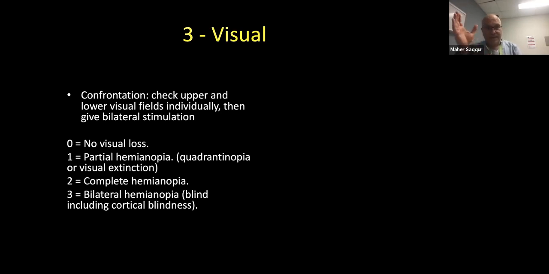If there is a quadrantanopia, if there is difficulty seeing in a quadrant of the visual field in both eyes, then it's called partial hemianopia. It means quadrantanopia or visual extinction. If they have a visual extinction, I'll give them 1. If it is an upper and lower quadrant homonymous hemianopia, right or left, then I will give them 2.